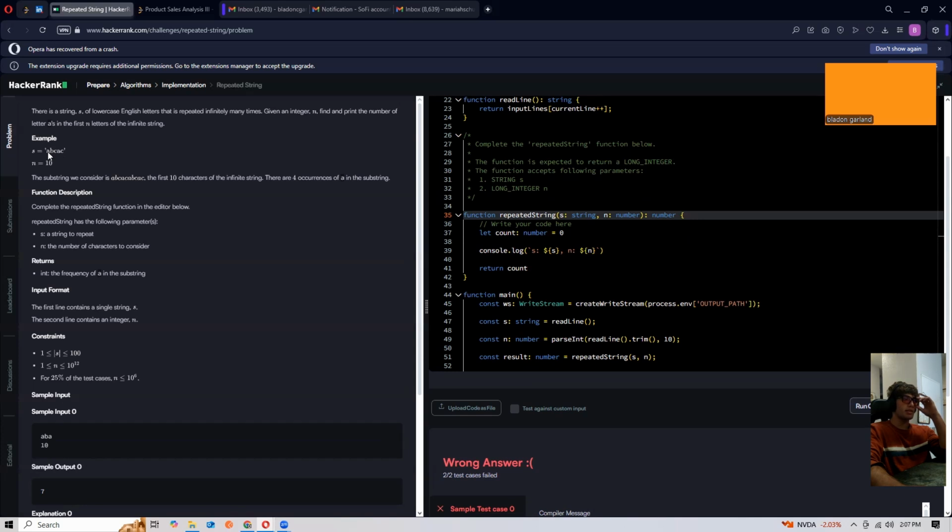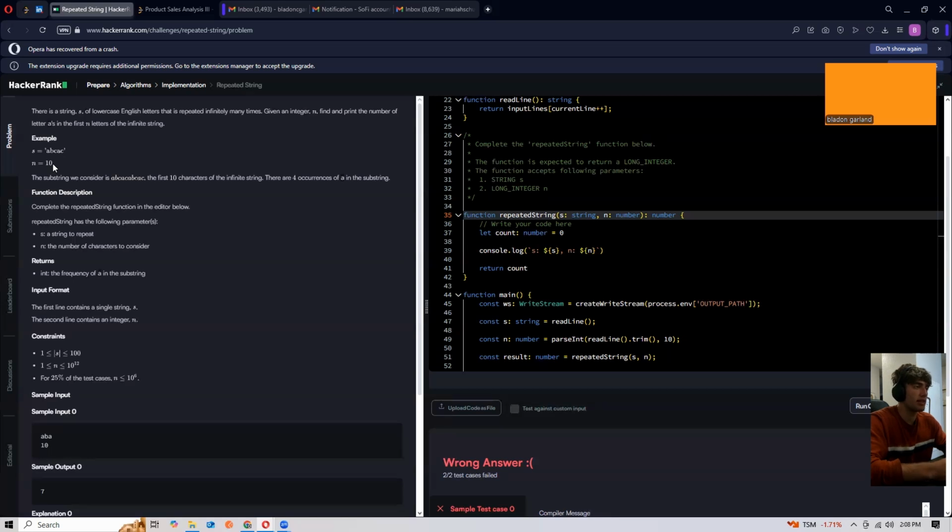Let me think though. I'm kind of curious about the situation where n is less than the length of the string. Okay, so I think what I'm seeing here is whenever it gives us a string and the length of the substring it wants us to take, we literally just count the amount of A's that we find up until we reach the end of the word.